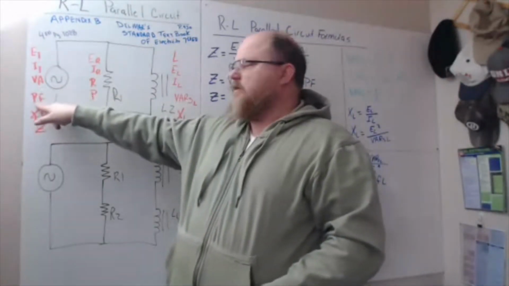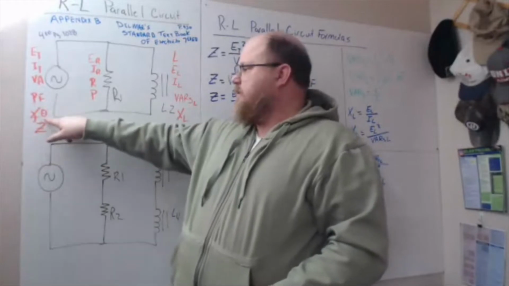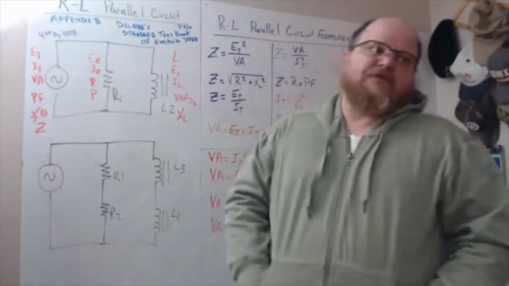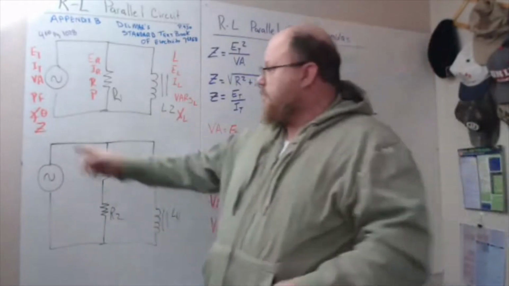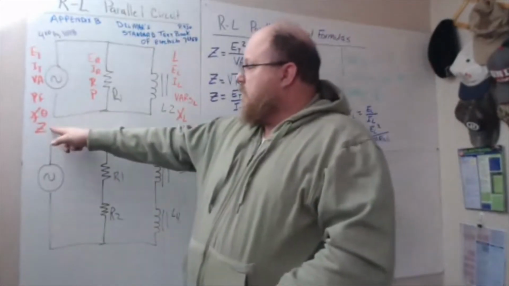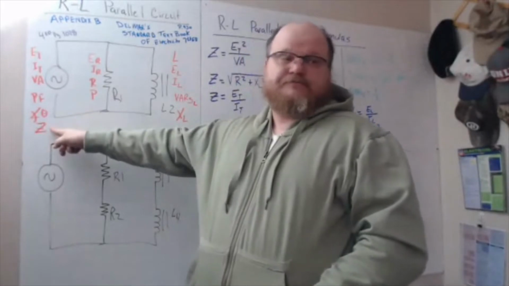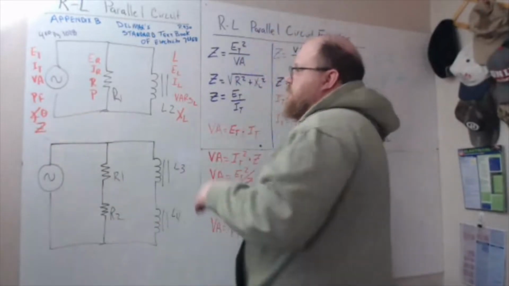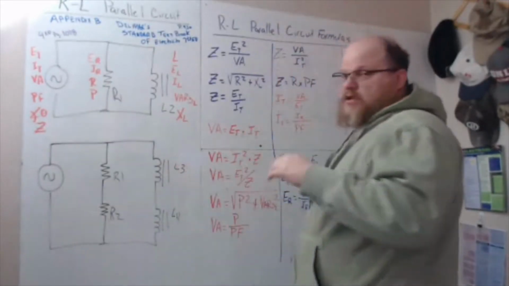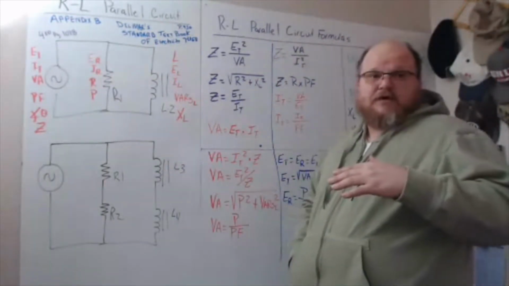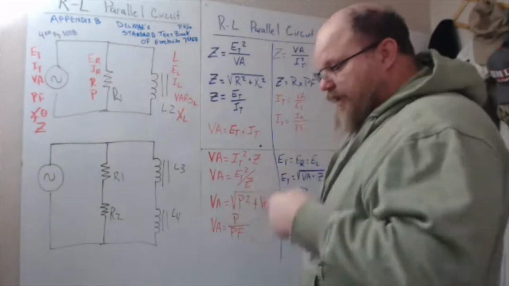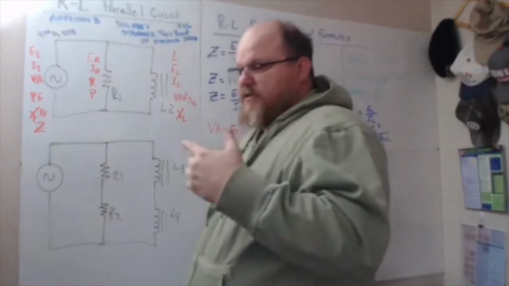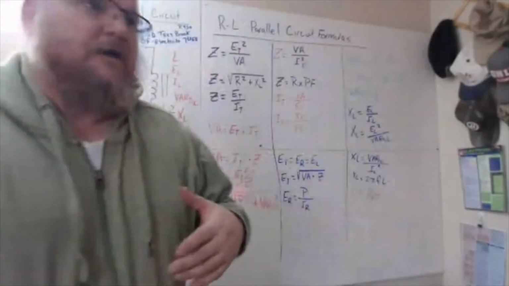There's a power factor, which is a percentage, and then angle theta, which deals with vectors. Right now, I just need anybody who's taking my class to understand angle theta, how to find it. And then Z is for impedance. We're still using manipulations of Ohm's law by using impedance, and volt amps is a manipulation of the power formula.